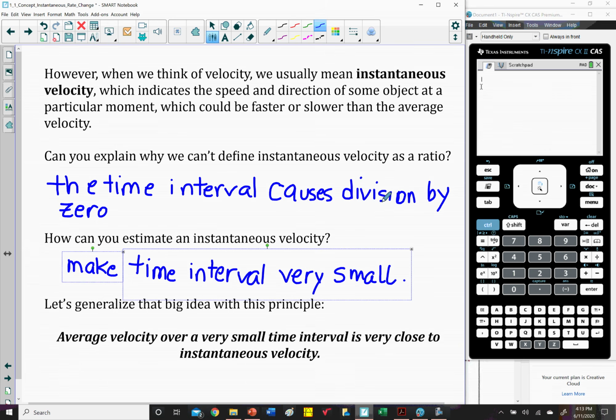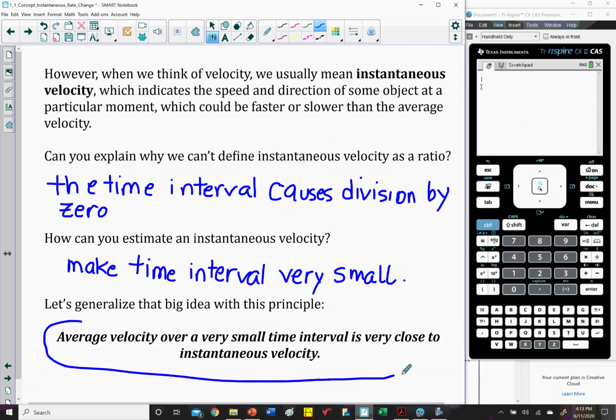We can get around that in calculus by estimating instantaneous velocity on a very, very small time interval. So we can generalize that by saying average velocity over a very small time interval is going to give us a really good approximation of instantaneous velocity.